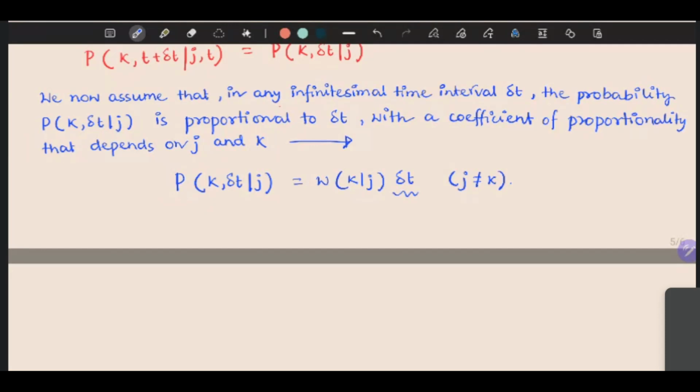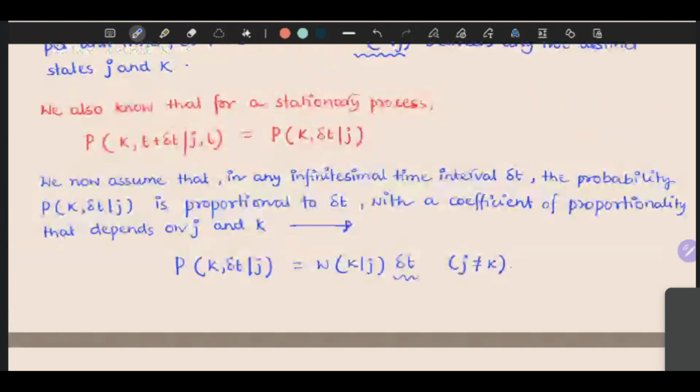Now these relations look very pedantic, but they are not that pedantic, because this is not guaranteed for all Markov processes.